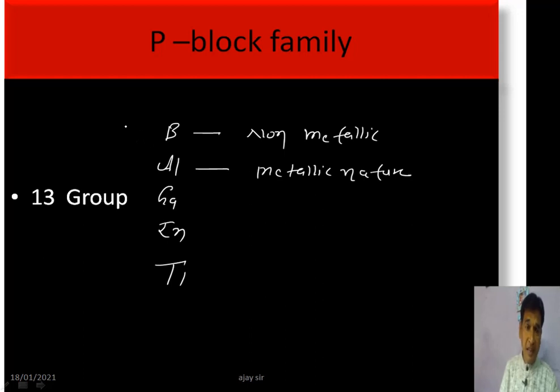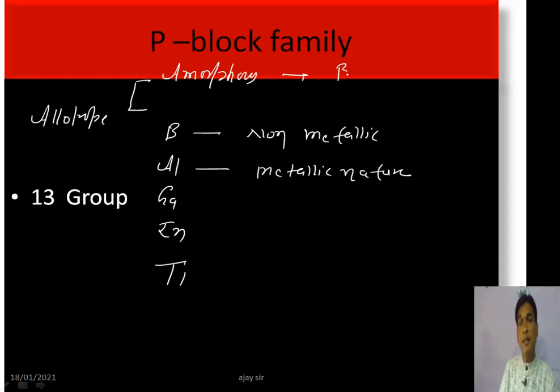Boron exists in four allotropes. One is amorphous; the amorphous form appears brown in color and is more reactive.